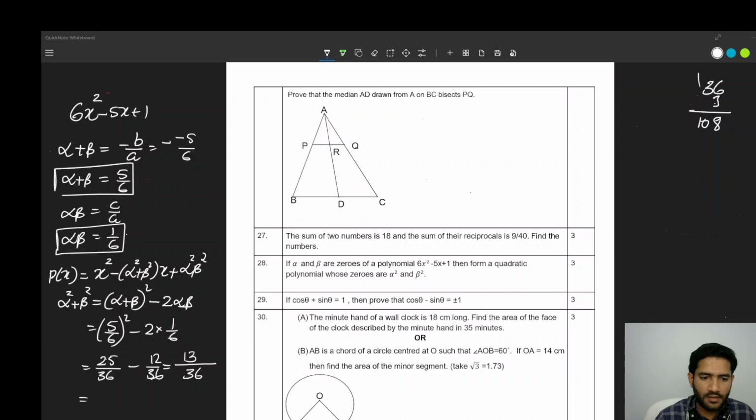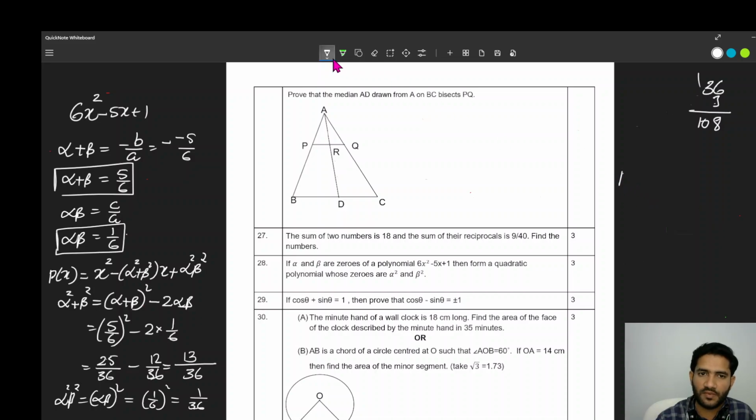Now, next one, alpha into beta. We need to find alpha square into beta square. That means alpha into beta whole square. What is alpha into beta? 1 by 6. So 1 by 6 whole square is equal to 1 by 36. Now just substitute the values and write the polynomial.